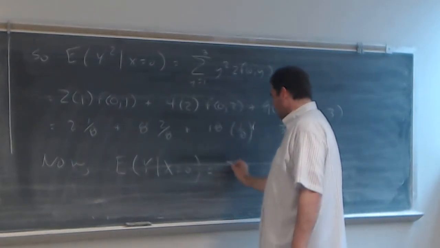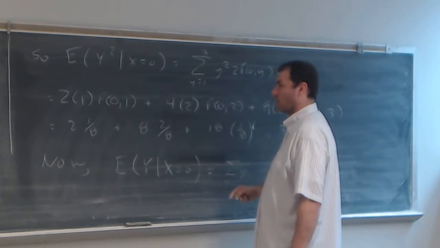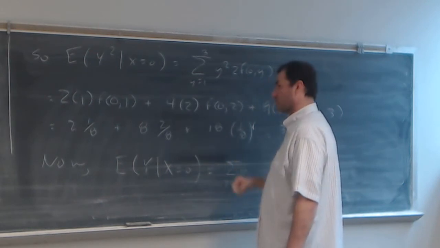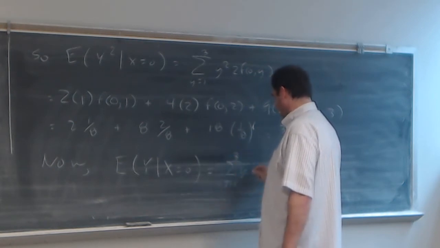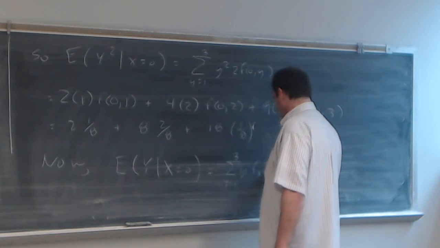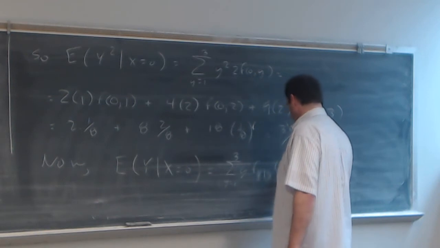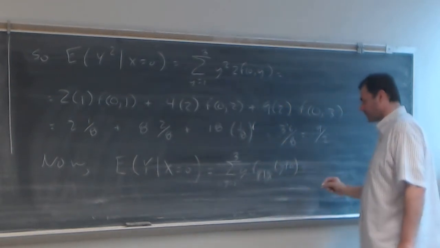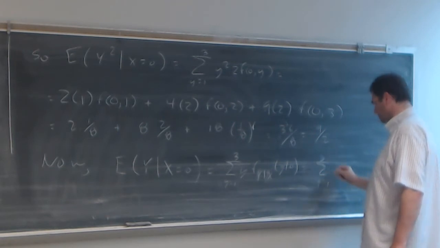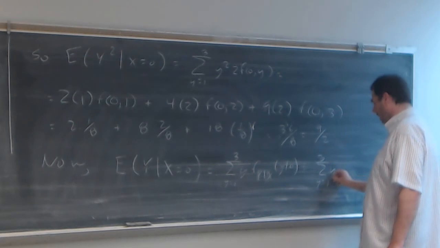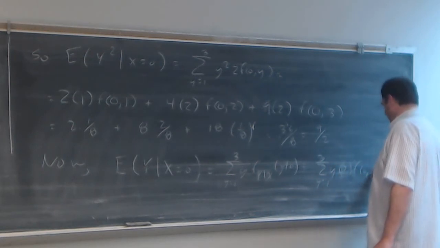And so here, that's going to be the sum over the y values, and y runs from 1 to 3 of y times f of y given x. Here's y given 0. We found that part. So that's the sum, y runs from 1 to 3 of y times 2 times f of 0, y.